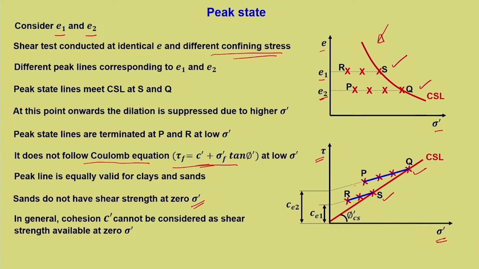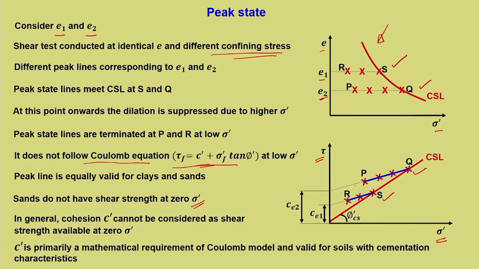So, we cannot generalize stating that c dash is always the shear strength at 0 confinement, because that is not valid for at least sandy kinds of soils. So, where will it be applicable? c dash is primarily a mathematical requirement of Coulomb's model, and it is valid for soils with cementation characteristics.